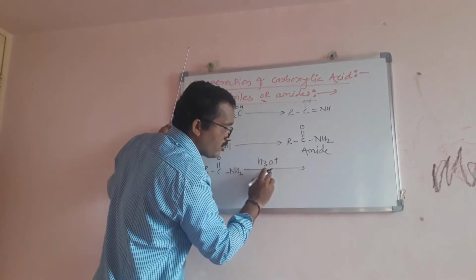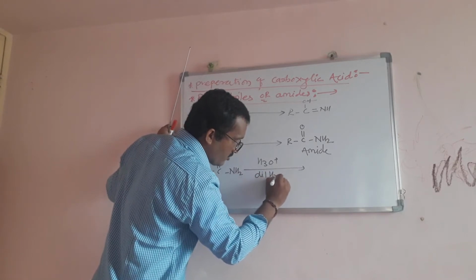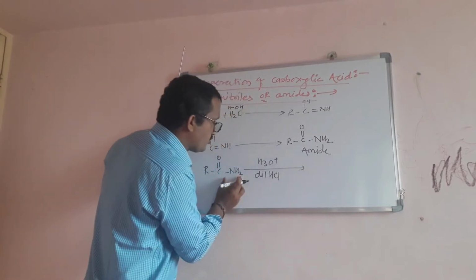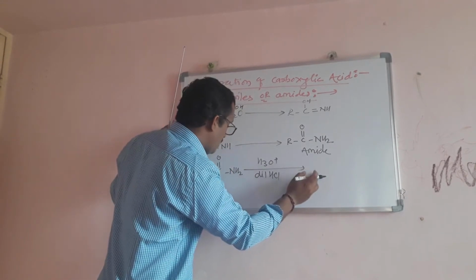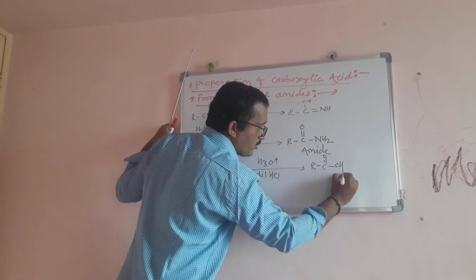For this acid hydrolysis we use dilute HCl or H2SO4. The NH2 group gets converted to the OH group and forms RC double bond O OH.